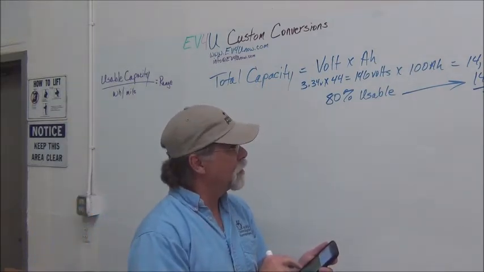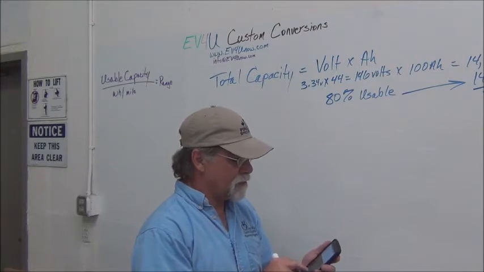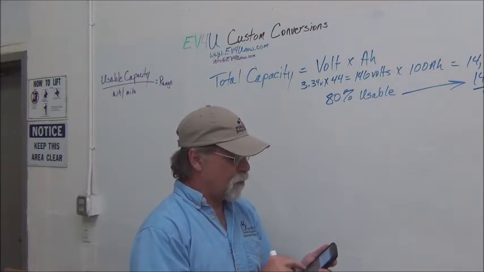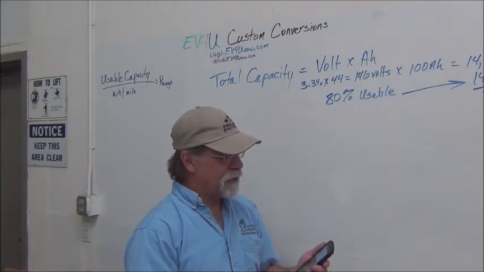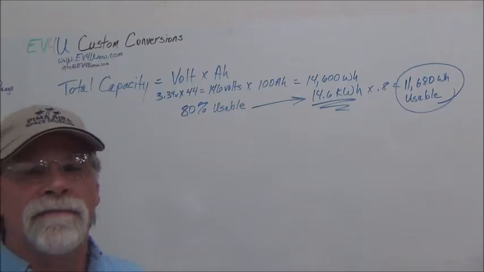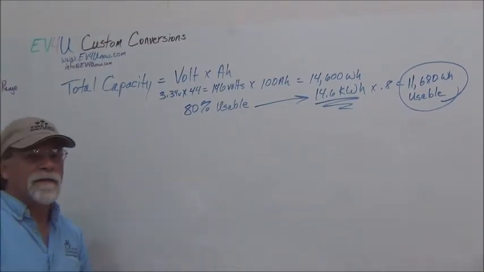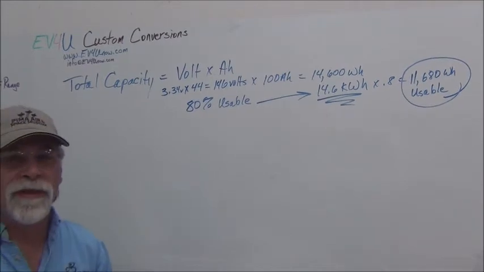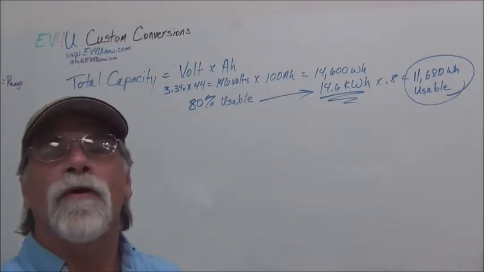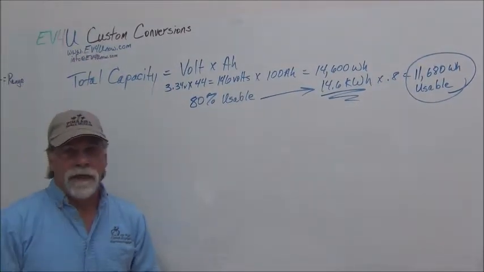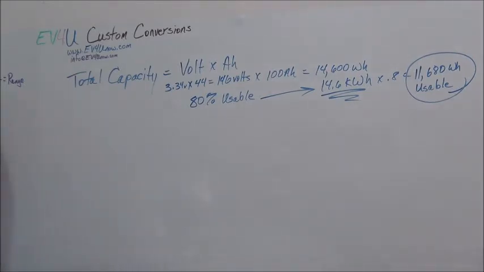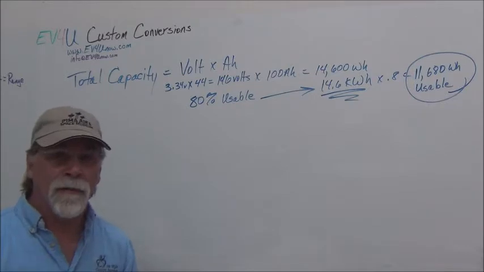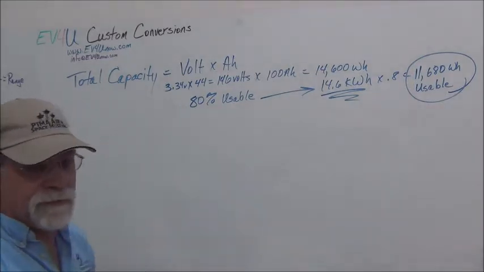So 14,600 times 0.8, 11,680. Sorry about that. So that's the usable watt hours, the usable capacity. That part we now have figured out.